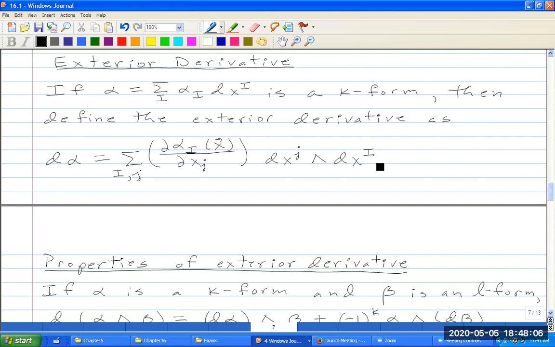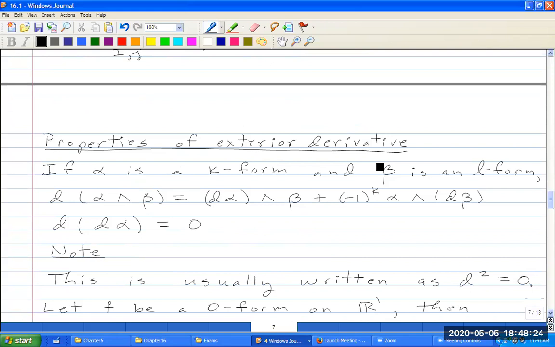The important things are not the definitions, but the properties. And the properties are easy. And once you know the properties, you can then work from there, because they're nice, easy formulas.